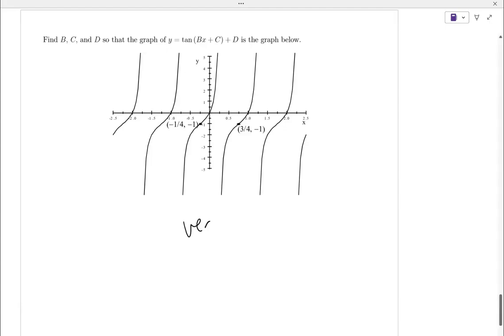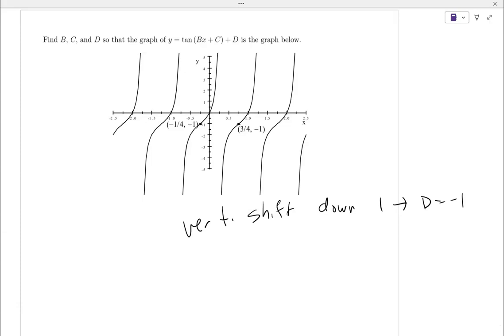Okay, good. So our vertical shift is down 1, so your D is -1. Everybody see that? Because again, the point that I've labeled here is kind of in the middle of the tangent, so it should have gone through the origin there, the way I have it written.